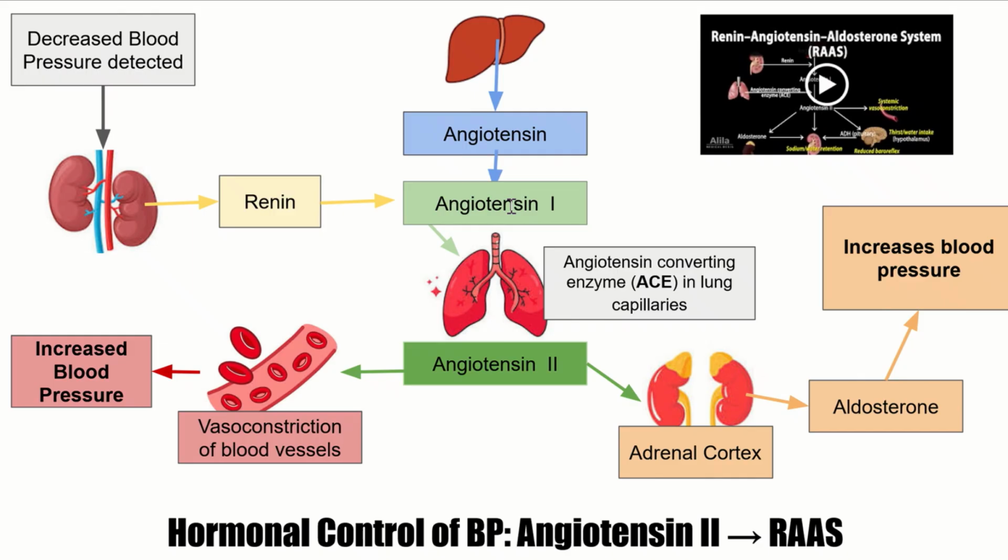Angiotensin 1 becomes angiotensin 2 by the ACE, the angiotensin converting enzyme in the lung capillaries. Angiotensin 2 targets the adrenal cortex into releasing aldosterone. Aldosterone promotes sodium retention by the kidneys, and because water follows sodium, it also promotes water retention, increasing blood volume and pressure.